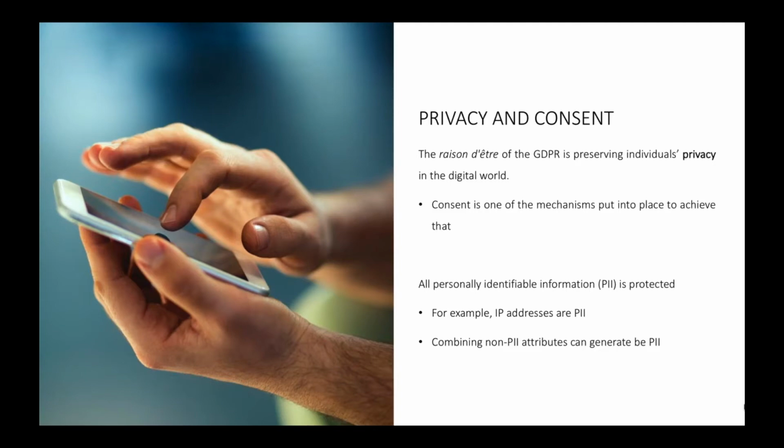Yes, and the key point here is that information doesn't need to spell out a single individual. A small enough group is enough, and what exactly a small group is will be decided by courts next year.